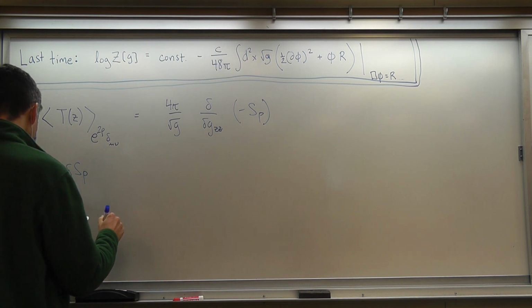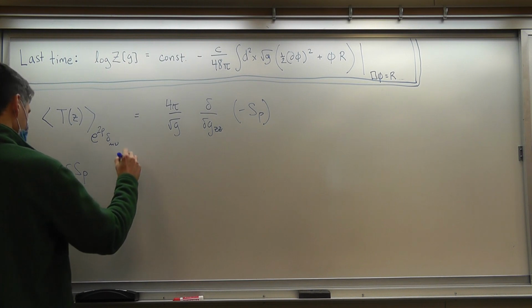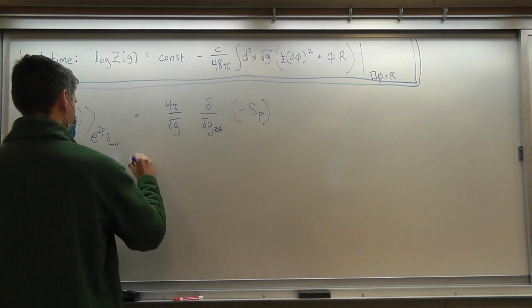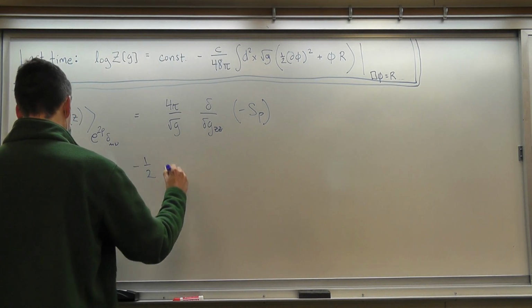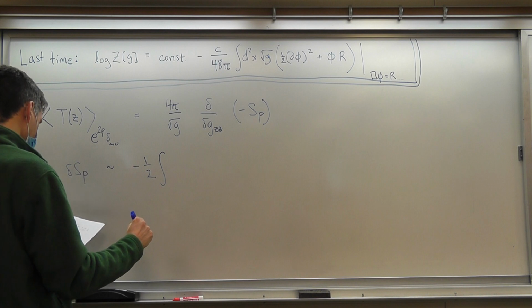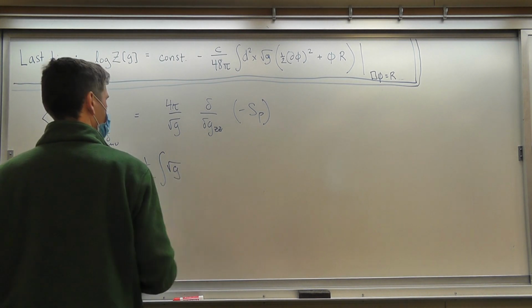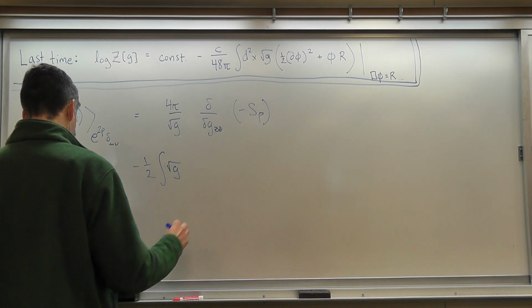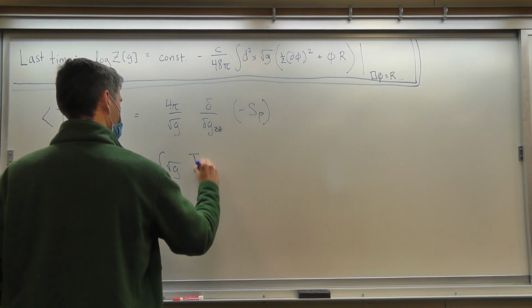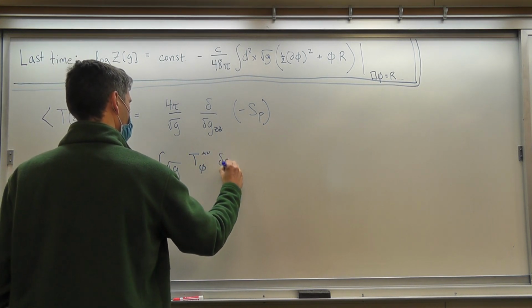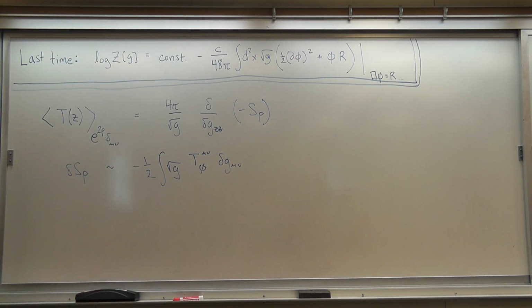The variation of S_P is, of course, just the usual stress tensor. When you vary an action, you get root g times the stress tensor for that action, delta g mu nu. That's pretty much the definition of the stress tensor. But this is not the stress tensor of the CFT. This is the stress tensor of the Liouville action.